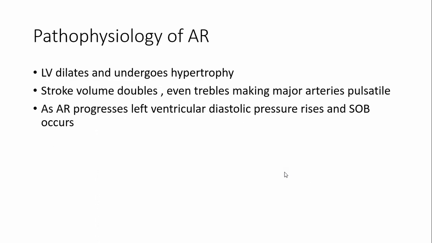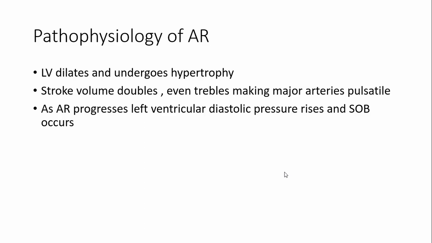There are many signs of aortic regurgitation, and to understand those signs we have to know the pathophysiology. In aortic regurgitation, an extra amount of blood leaks into the left ventricle. So the left ventricle dilates and undergoes hypertrophy, and due to the leaking of blood, the stroke volume of the heart doubles, even trebles sometimes, and this makes the major arteries pulsatile.